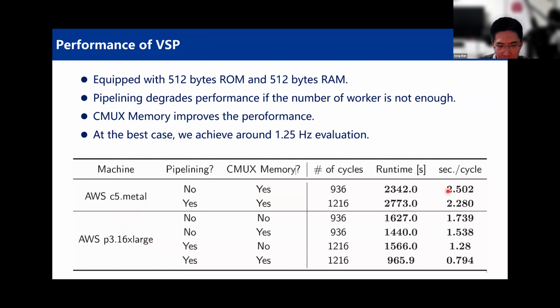And as we said, because the gates have a lot of parallelizability, we reran the experiment on a 16x large AWS machine, which is equipped with 8 V100 GPU cards, and we try to accelerate using GPU.